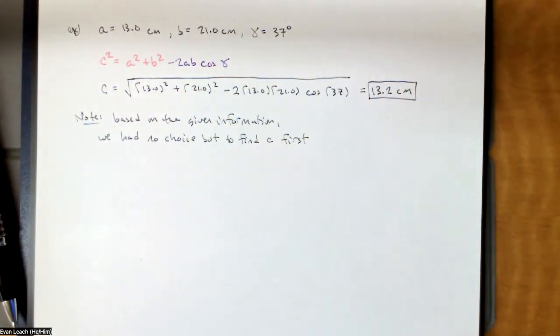Based on the given information, we had no choice but to go after C first. It was the first thing that we had to find. We didn't have enough information to find anything else.